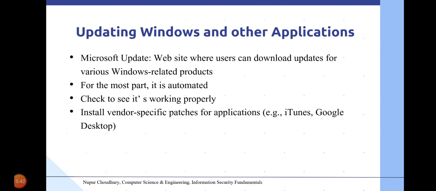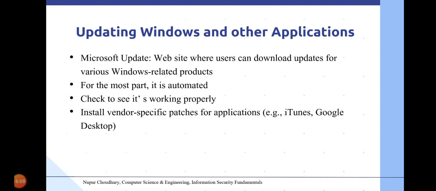But for the most part it is automated, so these updates are automatically downloaded and installed, and we do not have to bother that we need to explicitly update them. But some of them need to be updated manually, that is, going to these particular sites and updating the software in order to check whether everything is working properly or not.